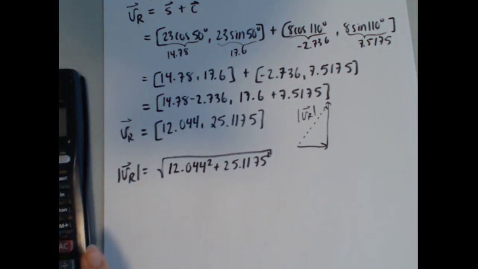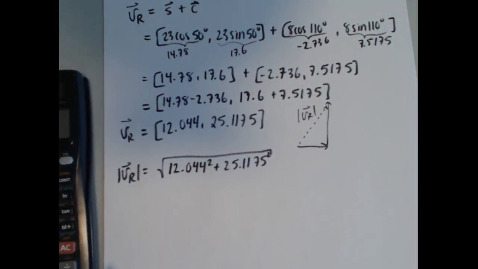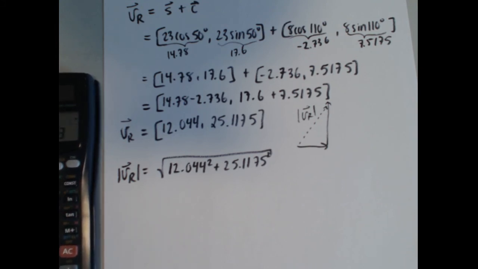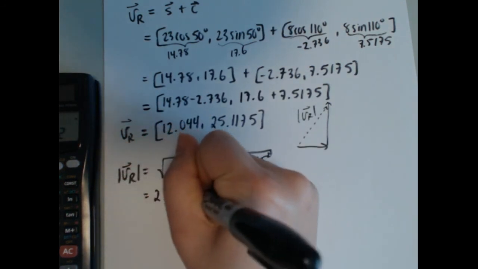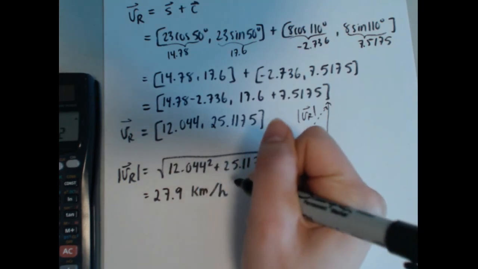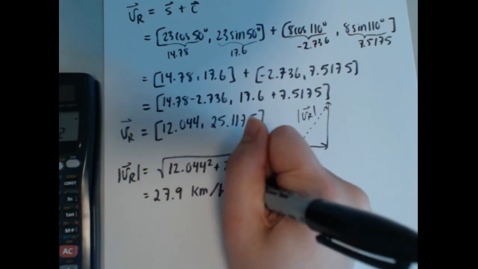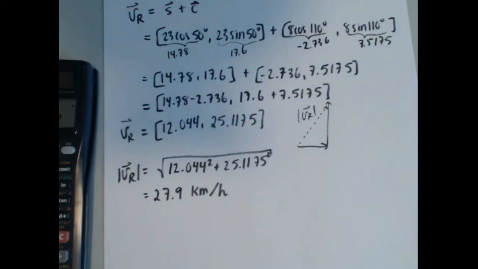And then square rooting that, we're going to get about 27.9. And remember, the units are in kilometers per hour. So there's the magnitude.